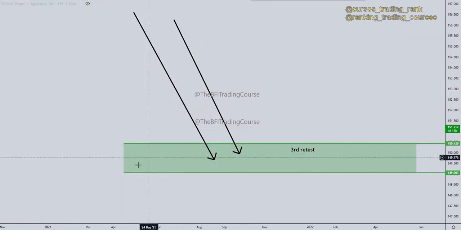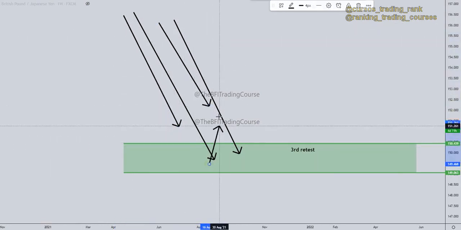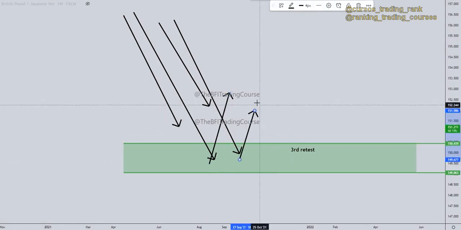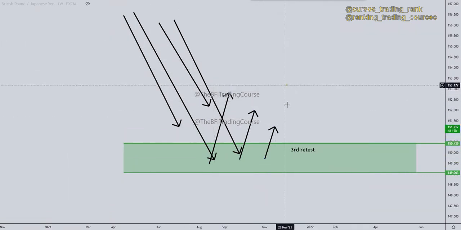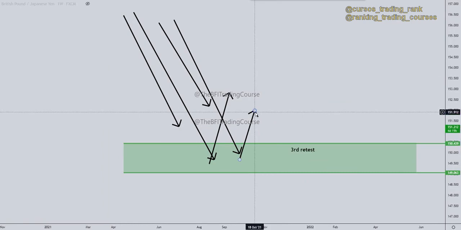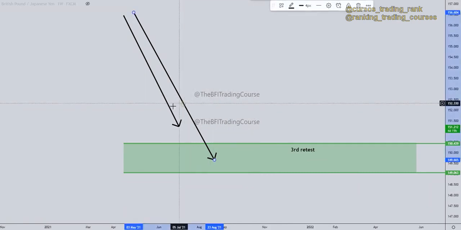into a 4-hour zone. So we had the monthly move down, and then the weekly first retest, and then the second retest, and now the third. So it's all about probabilities, but the monthly force, you can consider it, is the most powerful.